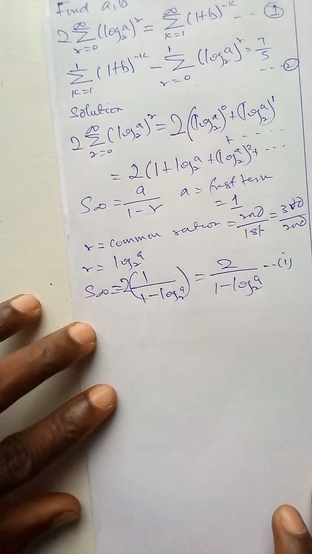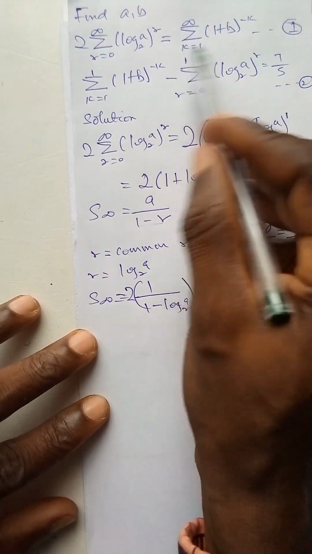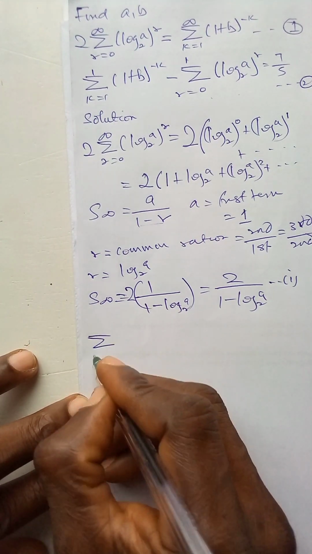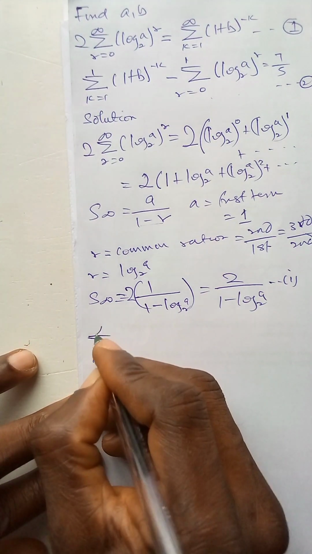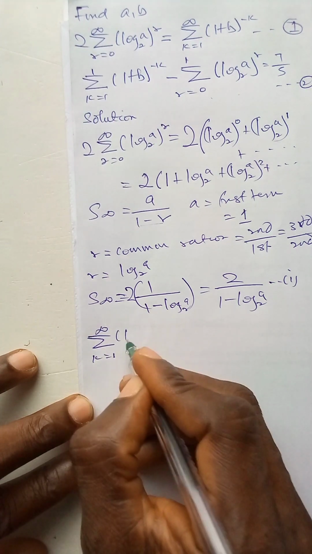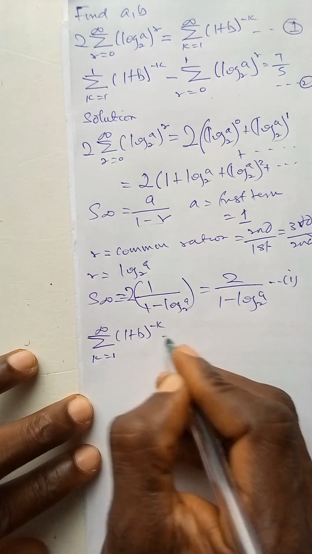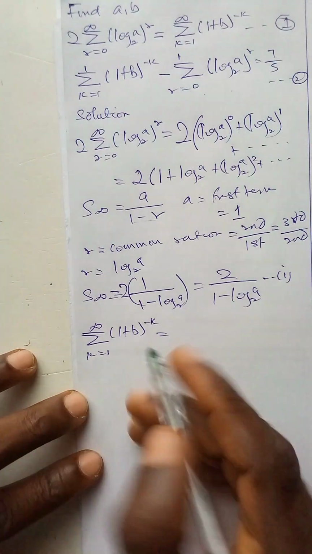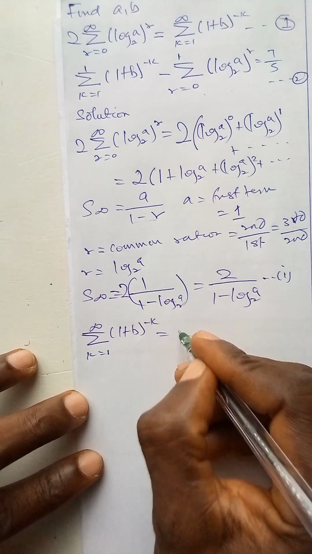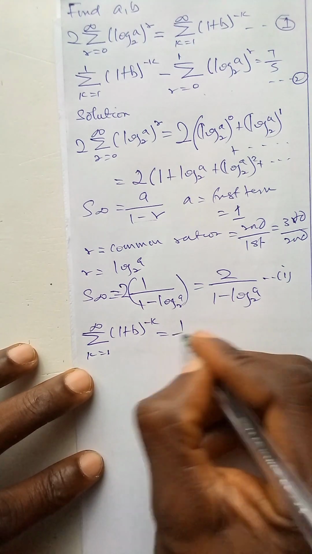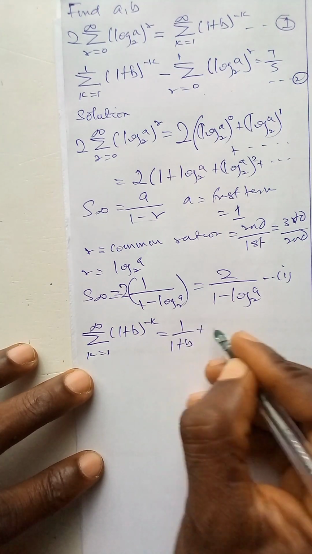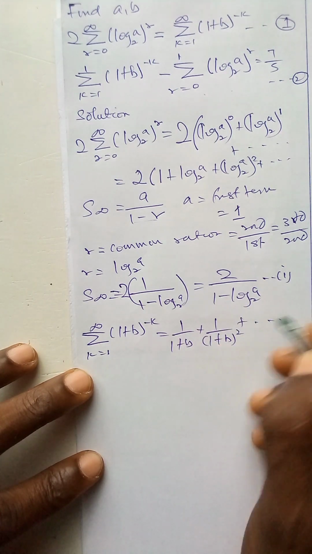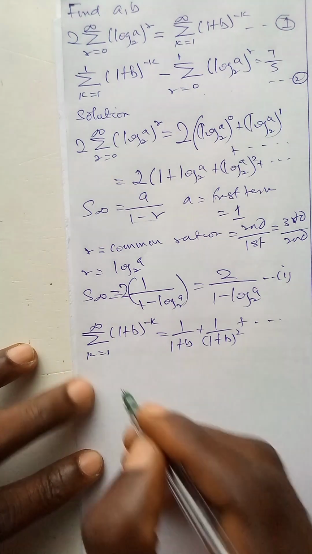Now in the second case, we have the summation from k equals 1 to infinity of (1 plus b) to the power of minus k. This is an exponential expression, and we can simplify it into: the first term is 1 over 1 plus b, plus 1 over 1 plus b all squared, plus we can continue to infinity.